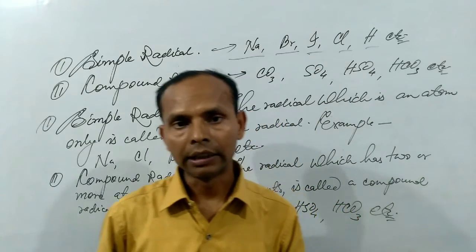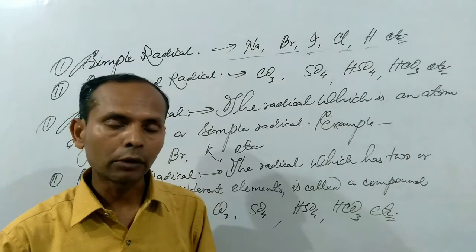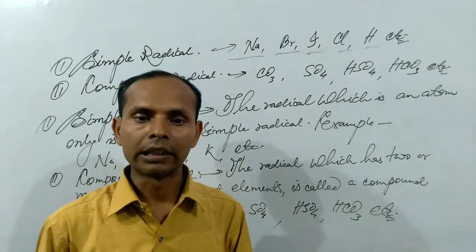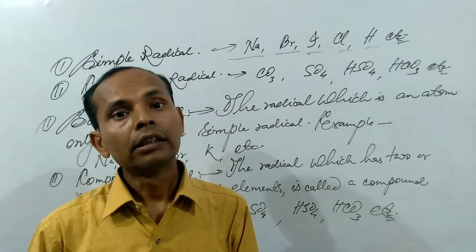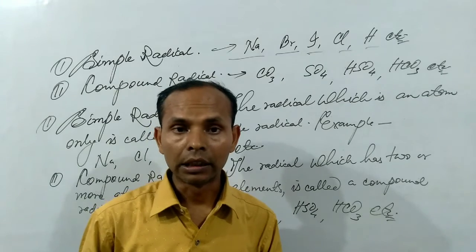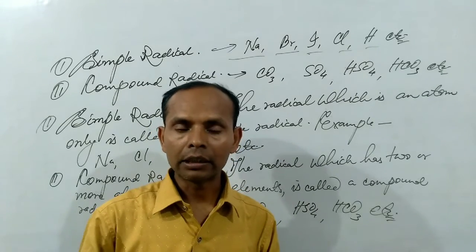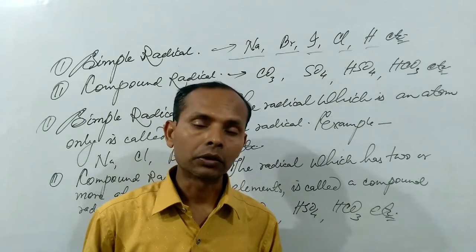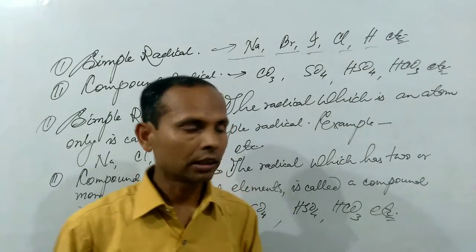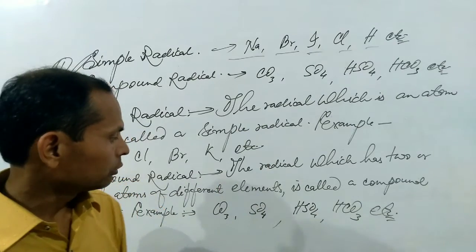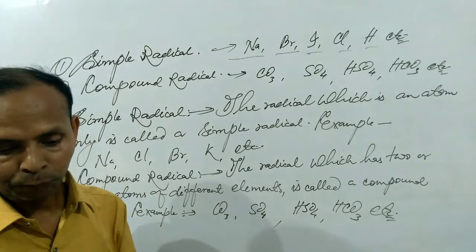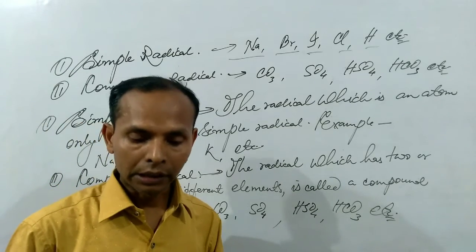Simple radical is such a radical which is an atom only, like chloride radical, bromide radical, sodium radical, potassium radical, etc. Similarly, a compound radical is a radical which has two or more atoms of different elements, like carbonate radical, bicarbonate radical. In carbonate radical, we see that one atom of carbon is linked with three atoms of oxygen. So these are compound radicals.